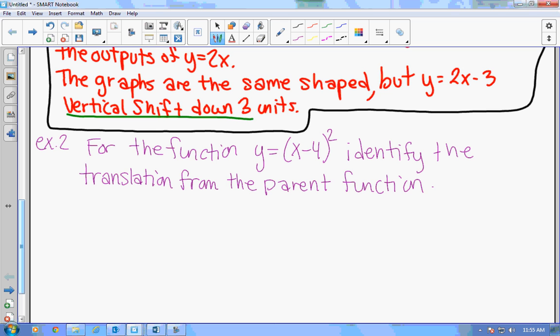Okay, from the function y equals the quantity x minus 4 all squared, identify the translation from the parent function.